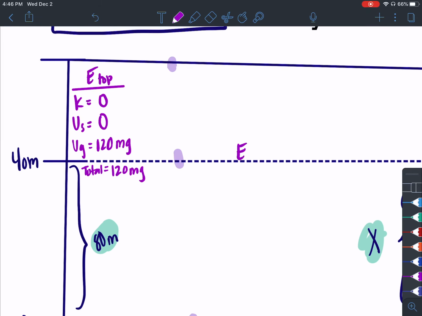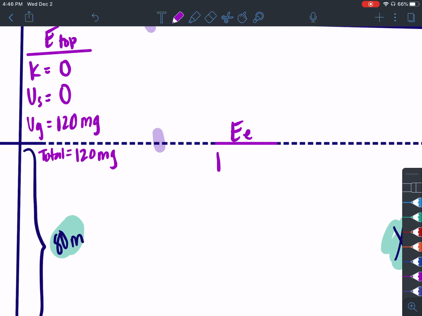Then we're going to say E at equilibrium. Once again, I'm calling it at equilibrium because the spring is at equilibrium here. The K here is going to be, we are moving, so there's going to be 1/2 m v_equilibrium squared. Unfortunately, I don't know this velocity, so that's going to kind of throw a wrench into things. But let's go ahead and keep going. The spring hasn't kicked in yet. We're at that moment of equilibrium, so its energy is still going to be 0.